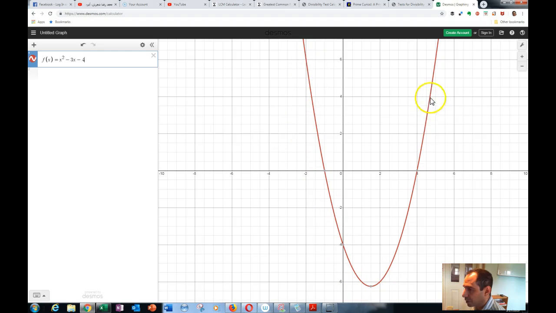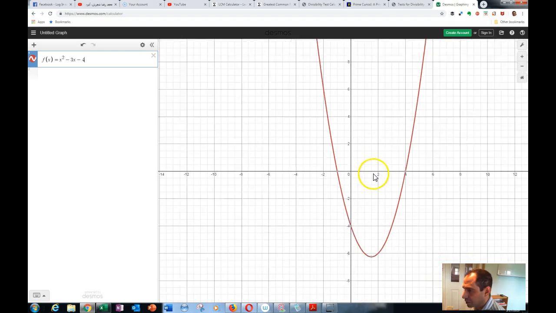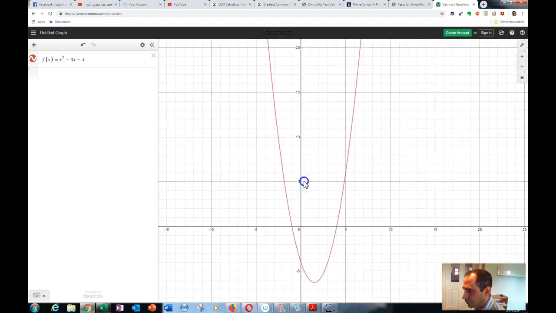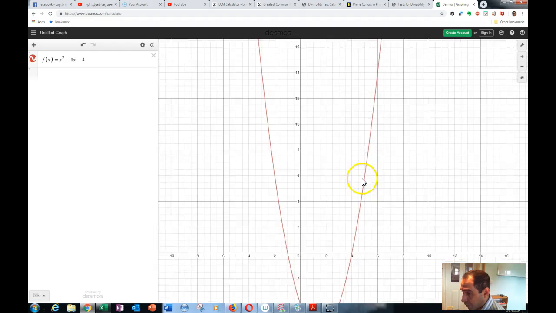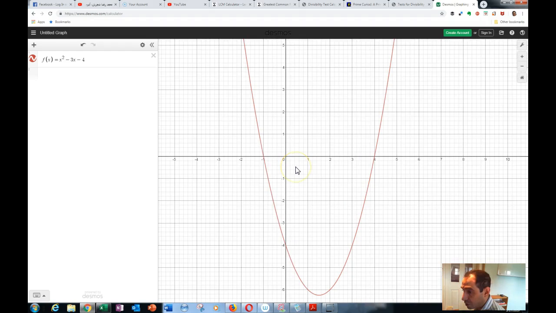This is the general form of the graph of this polynomial, you could say. And you can say that the polynomial goes through the x-axis at x is equal to 4 and x is equal to -1.